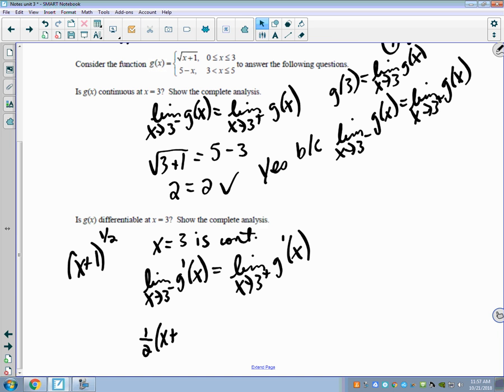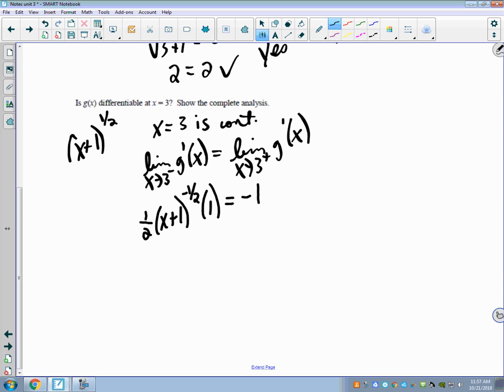The top one is x plus 1 to the 1/2, so the derivative would be 1/2 times x plus 1 to the negative 1/2, and the derivative of the inside is just 1. The right side derivative is just negative 1. So this would be 1 over 2 times the square root of x plus 1, and we plug 3 in there.